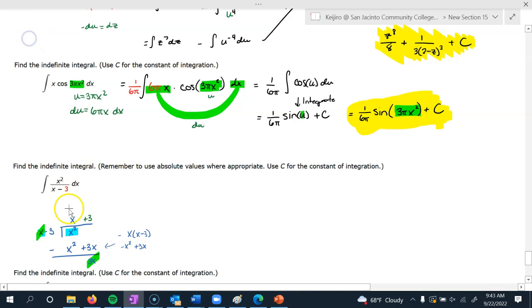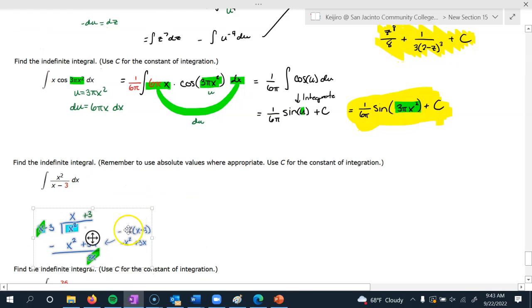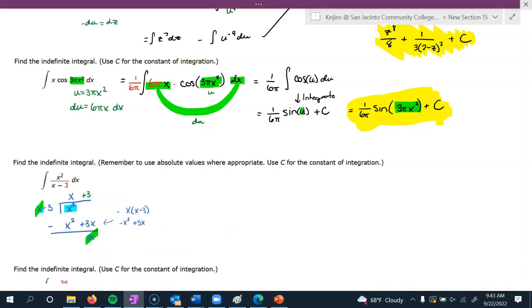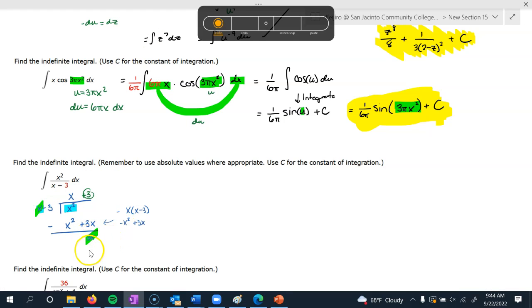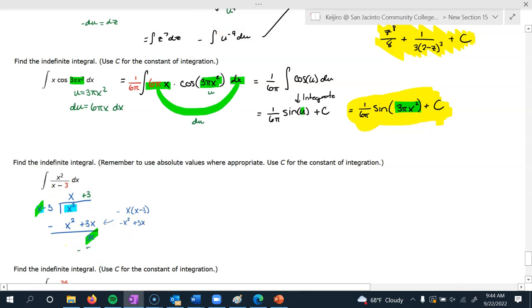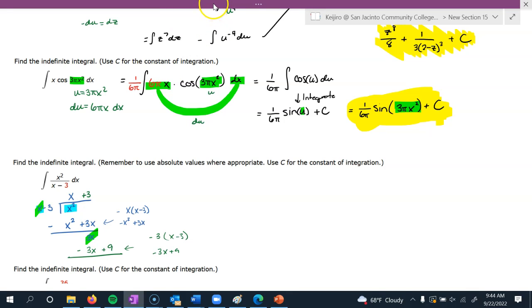And if you then subtract 3 of these, you will be subtracting 3x and adding 9. That's because you're subtracting 3 of x minus 3, which is minus 3x plus 9. Okay, so the result of that is 9.